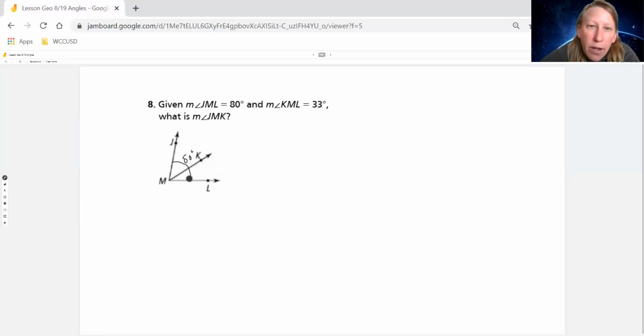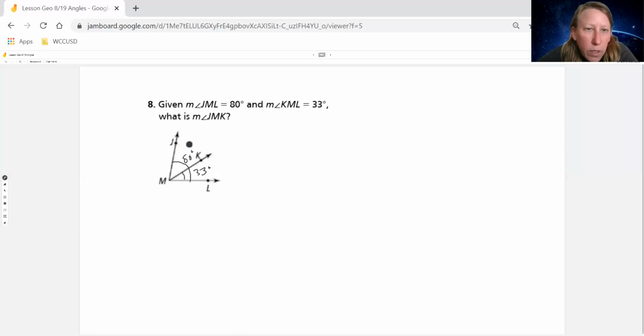All right, and I also know it's also given that the measure of angle KML is 33 degrees. That makes sense. It's a lot smaller, isn't it? Okay, so the big one across is 80 degrees, and this little one in here is 33 degrees to get from there to there.